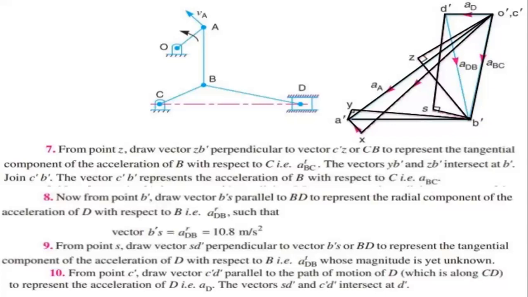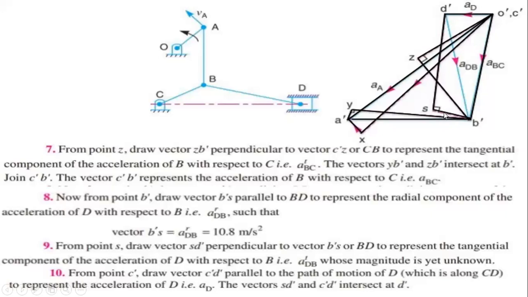And in the last step, from the point C dash, draw the vector C dash D dash parallel to the path of motion of D, which represents the acceleration of D. The vectors SD dash and C dash D dash intersect at D dash.